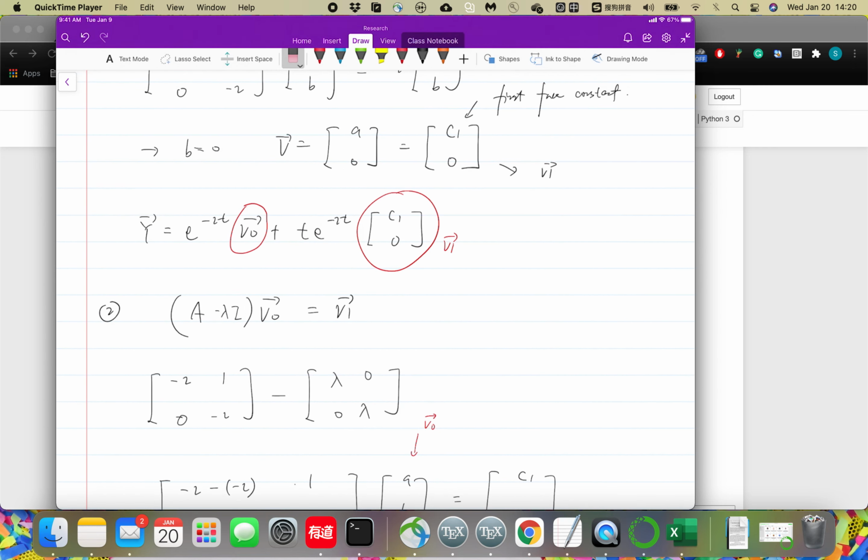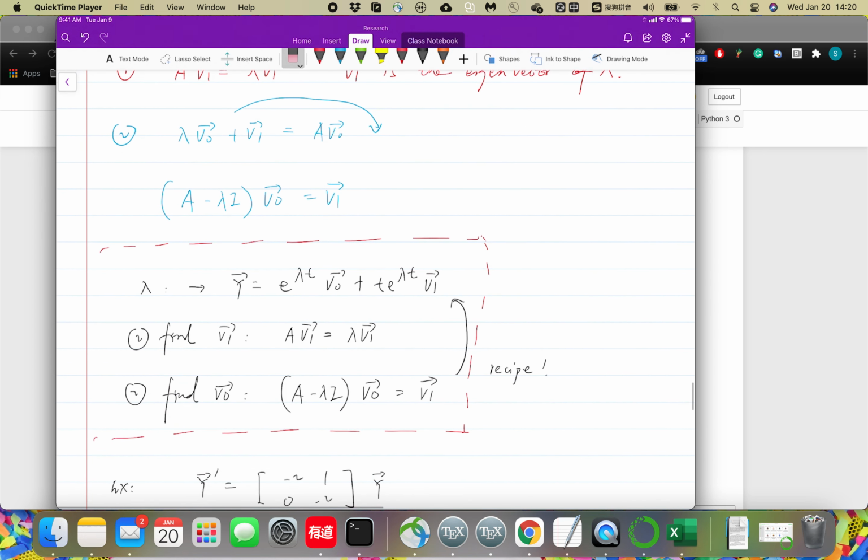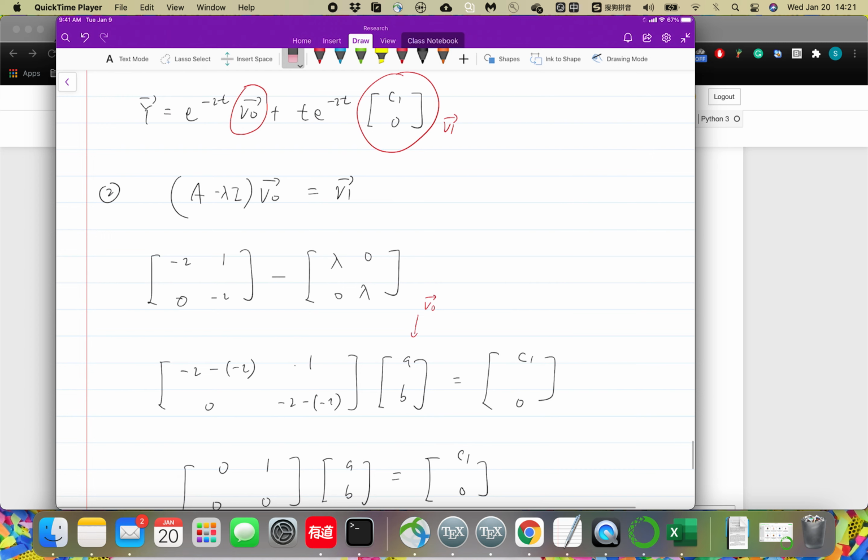So do the computation and try to see why we have these two equations. And once you have these two equations, you can trust them. Then the procedure should be: find V1 first and solve V0 from V1. The rest is just doing the procedure.